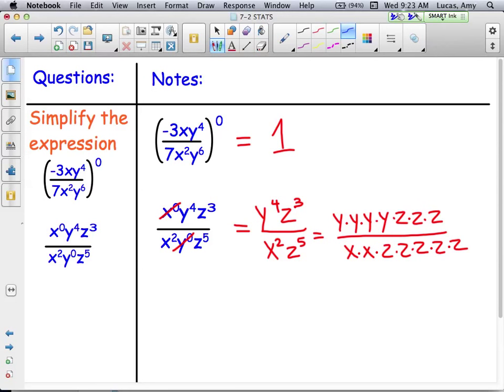Now, 3 z's cancel out, and that's it. Nothing else cancels out. So I have y to the 4th over x squared, z squared for my final answer.